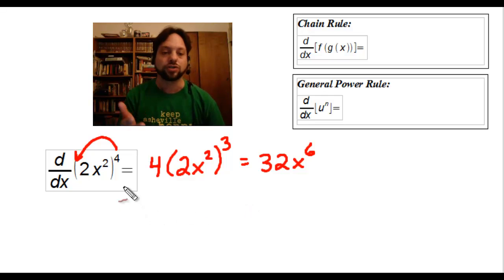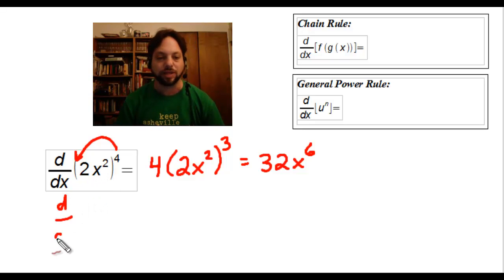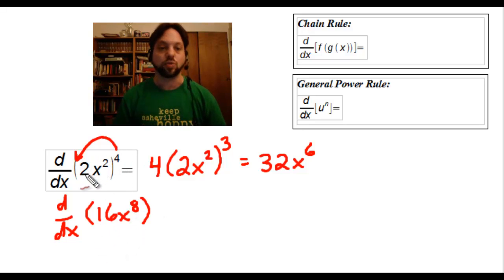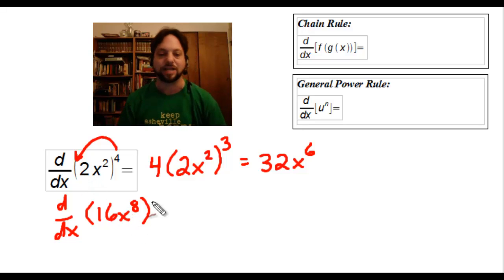Because what if we were to simplify this first and then differentiate? Hopefully you would agree with me that our original problem and this new problem, which will say 16x to the eighth, are equivalent. All I simply did was take quantity 2x squared to the fourth power and got this. Now, if we differentiate 16x to the eighth, what's going to happen?